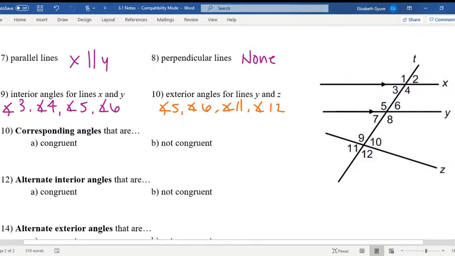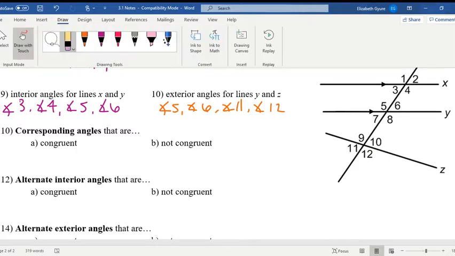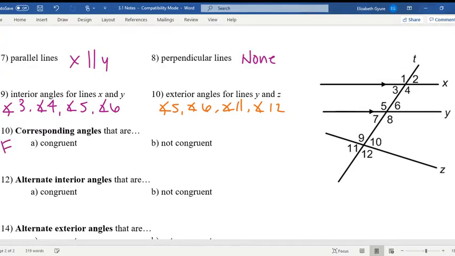Good. Okay, now we're getting into our actual angle relationships that we just talked about today. So if you need to flip back to the front of your notes, please do so. Corresponding angles, these are the ones that form our F shape. So we're going to find a pair or two of congruent corresponding angles and a pair that aren't congruent.